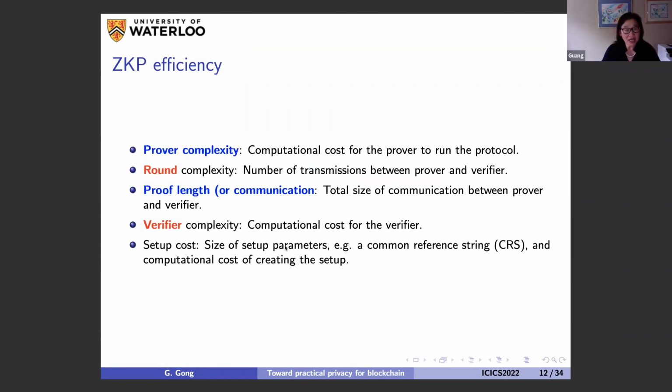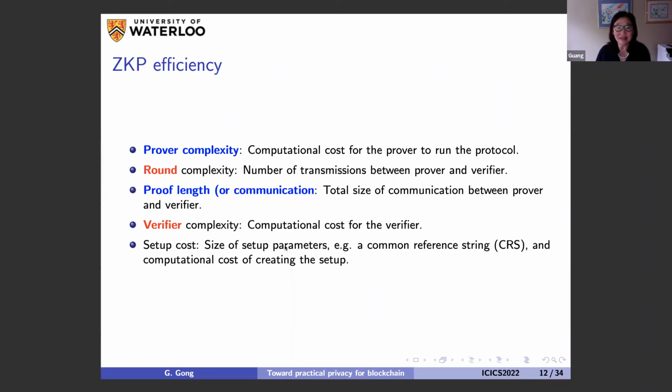For any zero knowledge proof system, to measure efficiency we look at the prover's complexity, which is the computational cost for the prover to run the protocol. Then the round complexity, which is the number of transmissions between the prover and the verifier, and the proof length or communication, which is the total size of communication between them. Then the verifier's complexity, the computational cost for the verifier.